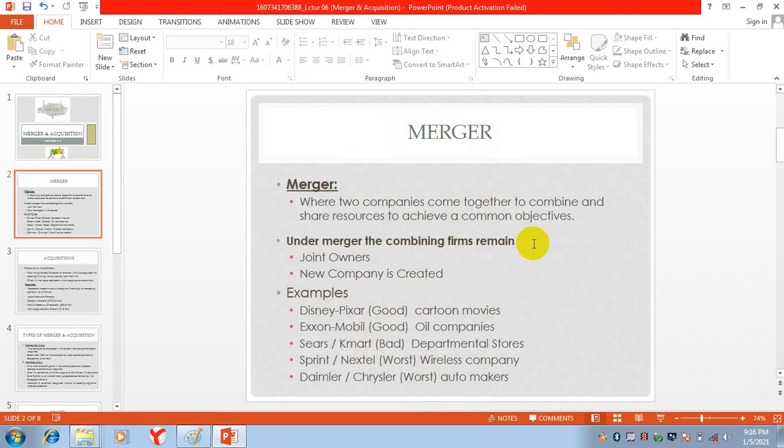So what is a merger? Where two companies come together to combine and share resources to achieve a common objective.